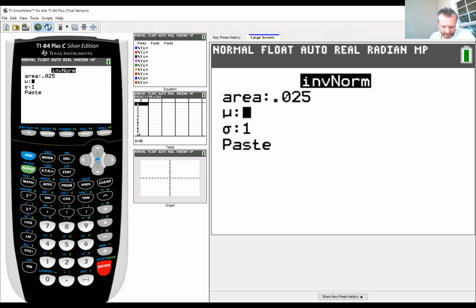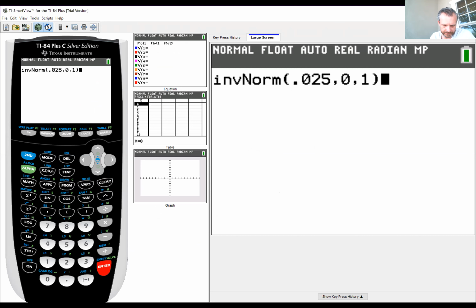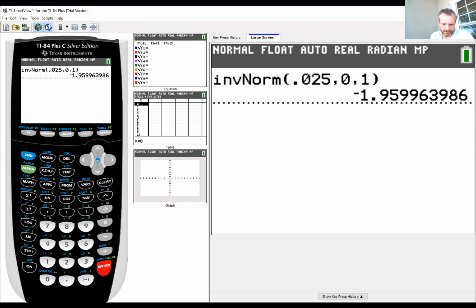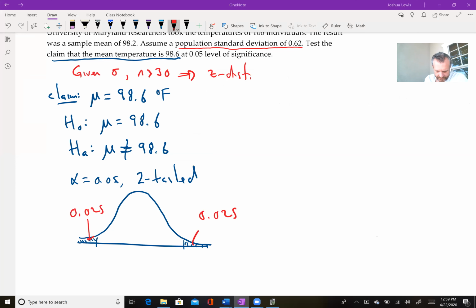That's going to give me that lower value. So negative 1.96, and of course a positive 1.96. Don't forget, this is our fail to reject the null region.